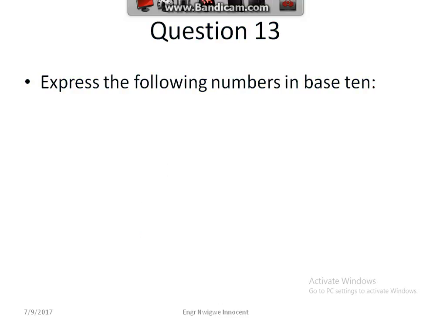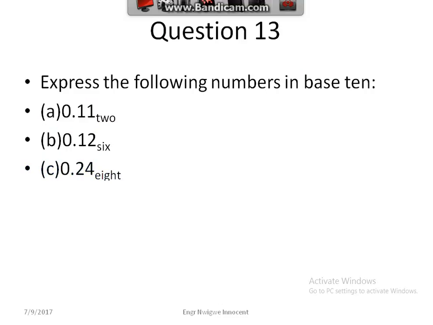Question 13. Express the following numbers in base 10. A. 0.11 base 2. B. 0.12 base 6. C. 0.24 base 8.